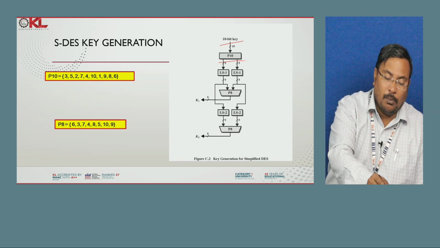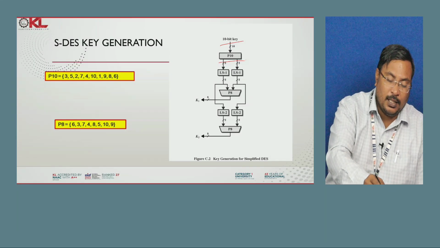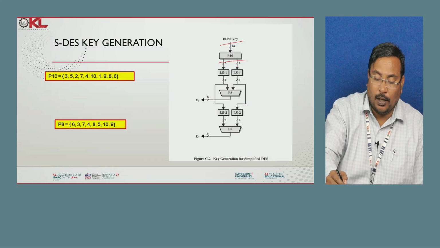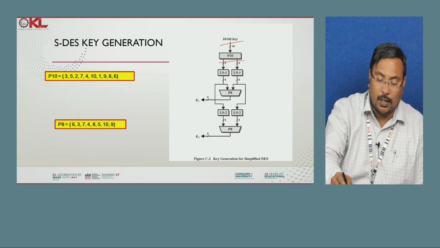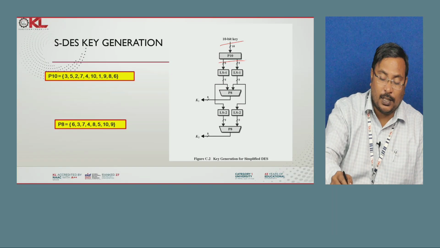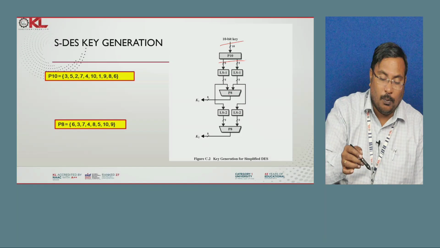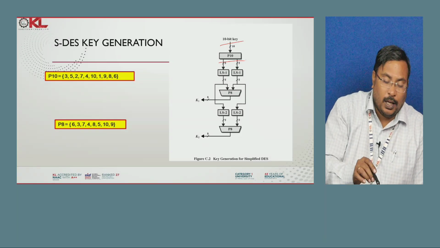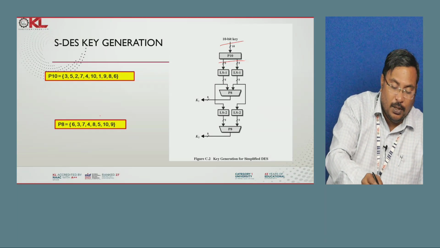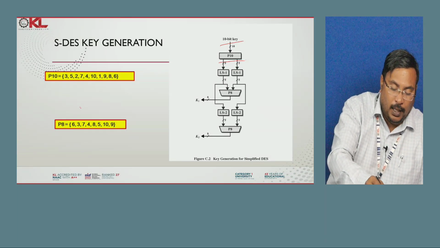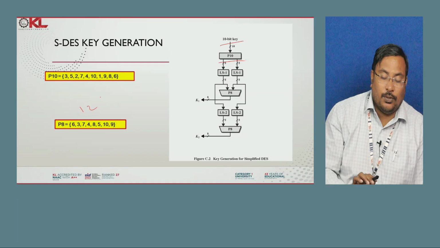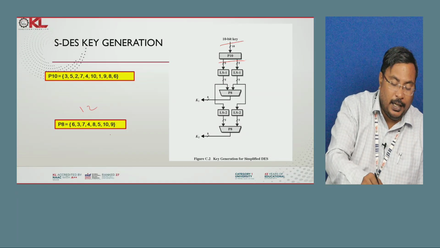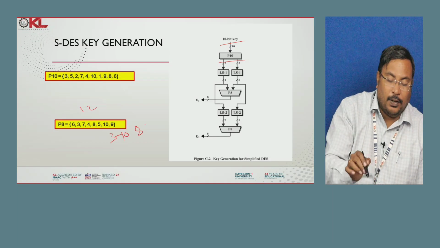After that we convert it into 2 halves, left and right, and apply a circular left shift 2 times, and give the result to the P8 box. What the P8 box does is discard 2 values. If you observe, you will not find values 1 and 2, so from 3 to 10 you get the 8 values.